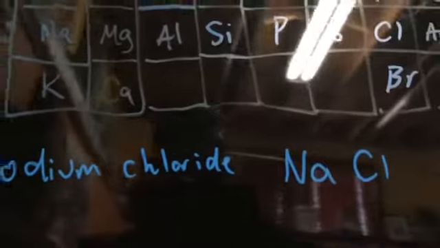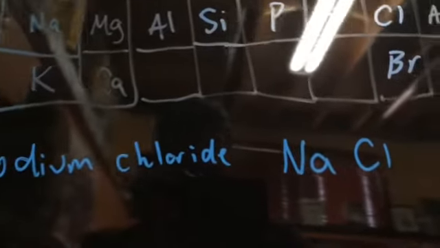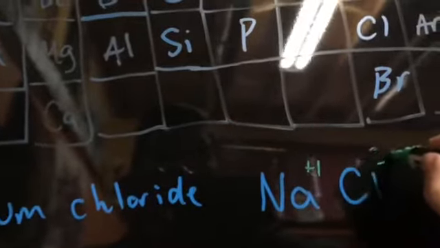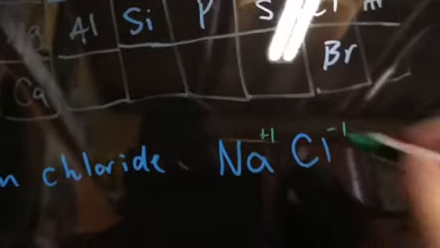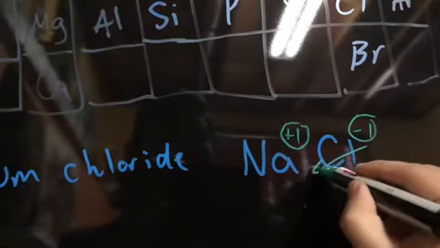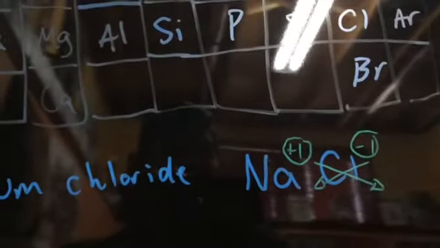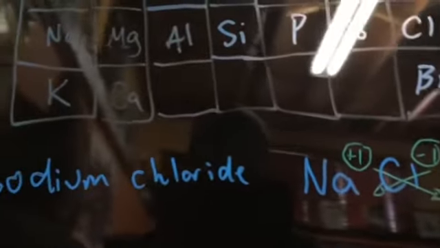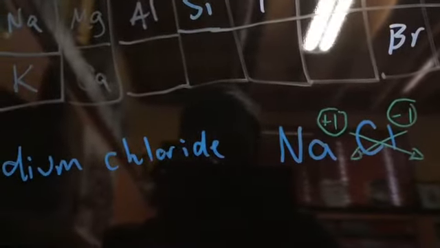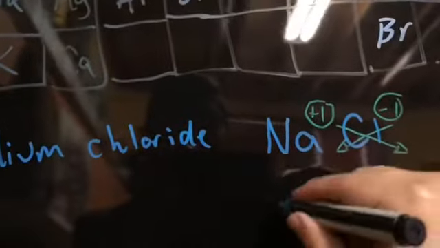Well, we know that sodium has a charge of +1, and we know that chlorine has a charge of -1. So what we do is we write the charges on top, and then we take these charges and we crisscross them over to where they would go on the bottom. So we would write them on the bottom, but without the charges.